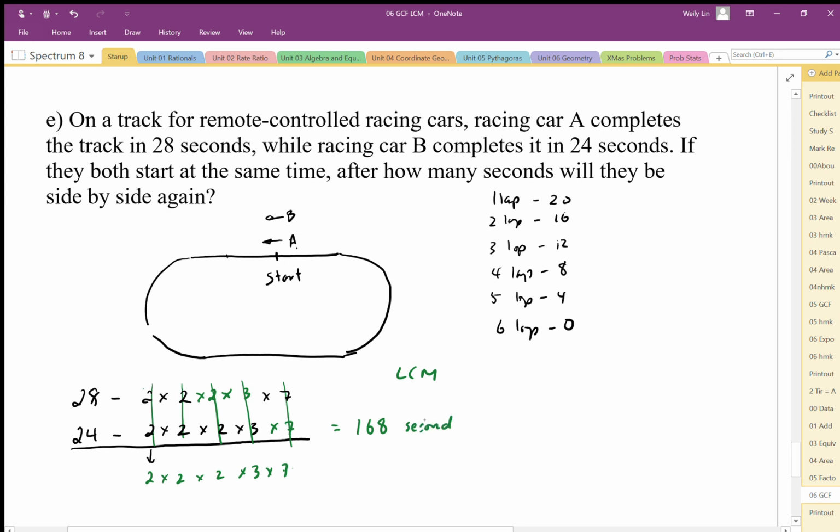That represents the lowest common multiple of 24 seconds and 28 seconds.